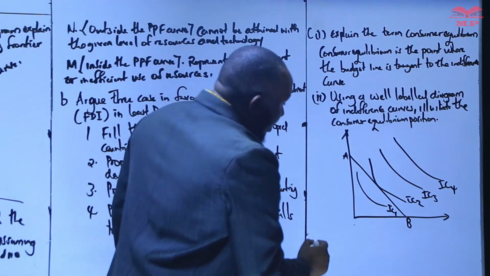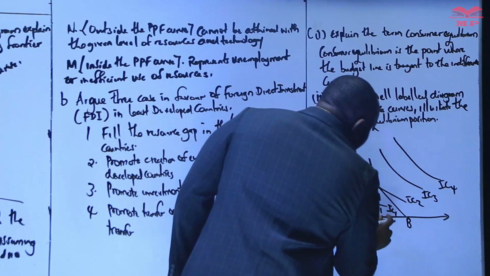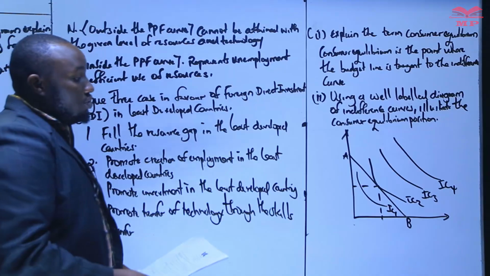So where is the consumer equilibrium? It is basically established at indifference curve 2.